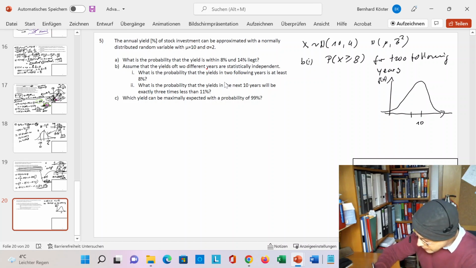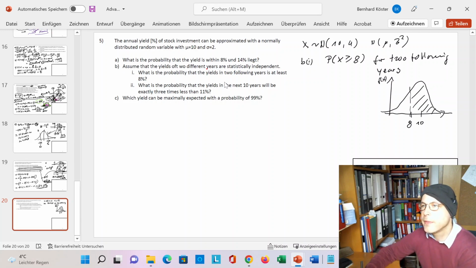And then we have the 8 here. So what we are looking for is the area from 8 to infinity under this density function.